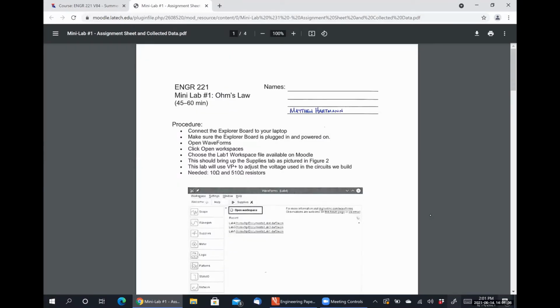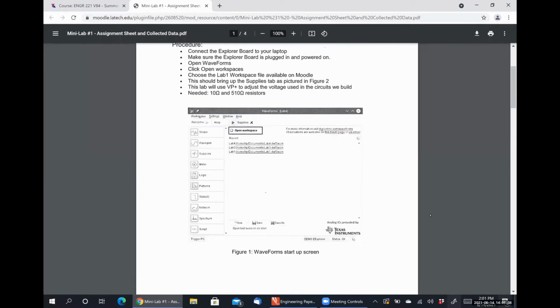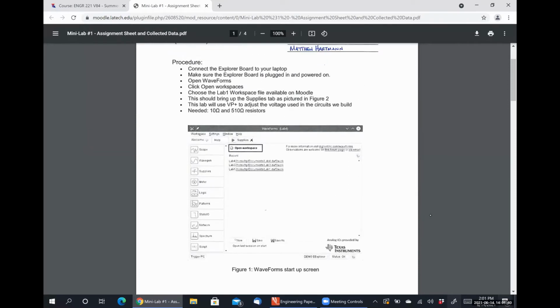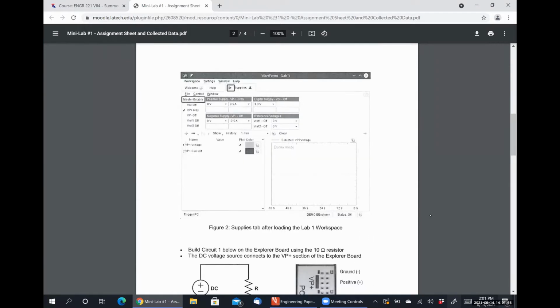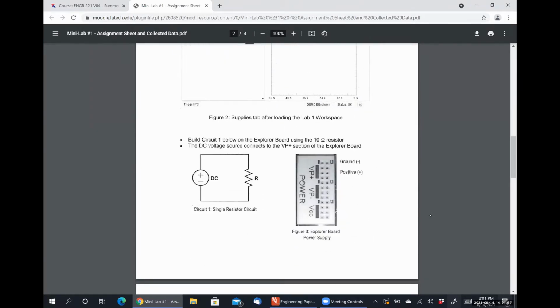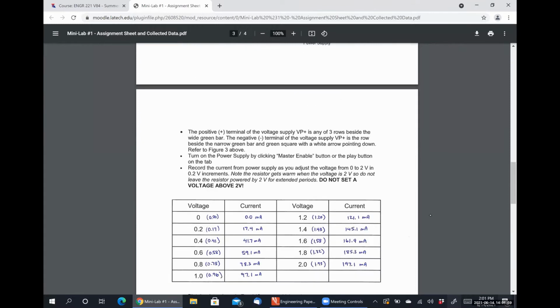So what I've done is effectively done the lab for you and collected all of the data. So all of this stuff that has anything to do with using the Explorer board and its subsequent software package is entirely unnecessary for you all. This first experiment involved applying a specific voltage drop over a resistor and then measuring the current flowing through it.